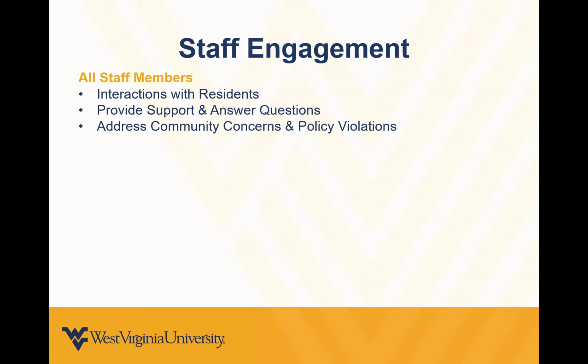For example, you overhear residents talking about being stressed over finals, and they are planning to drink wine in their room later tonight. You should remind them that alcohol is not permitted and that if they are found with alcohol in the residence hall room, they could be documented and held accountable.